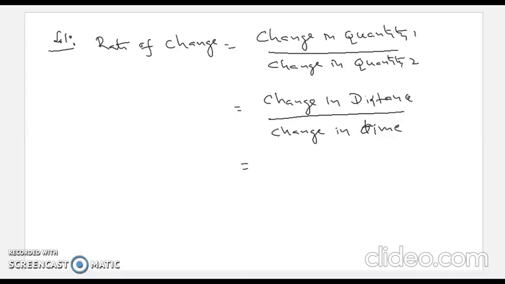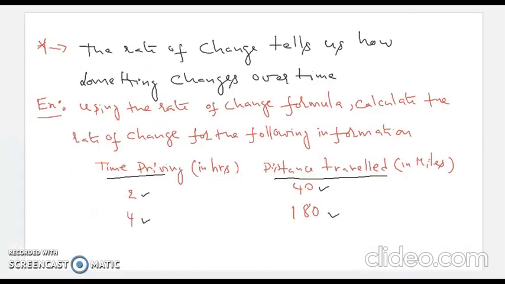Here, what information on distance is given in this problem? 40 miles, 180 miles. So the change in distance means 180 minus 40.